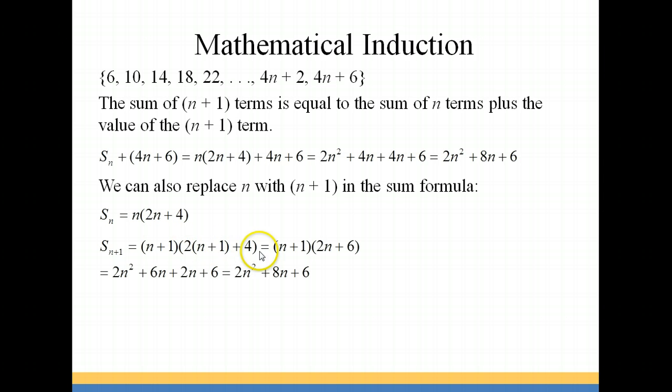Then I'm just simplifying inside this parentheses here. So I have 2n plus 2 plus 4, which is 2n plus 6. And then we have this formula for the sum of n plus 1 terms. So we're going to FOIL that out and then combine like terms. And notice that we get the same answer that we had up here. So that's our formula for n plus 1 terms.